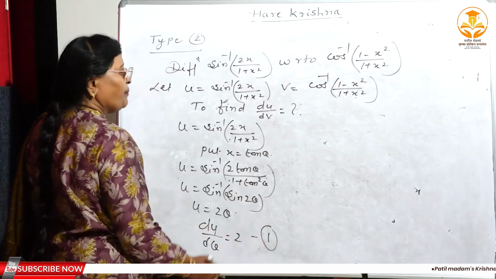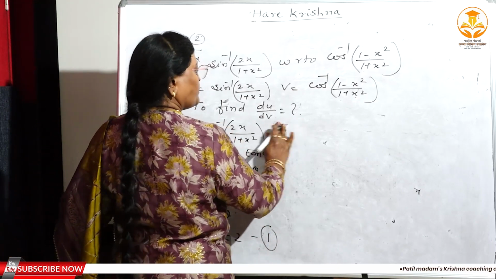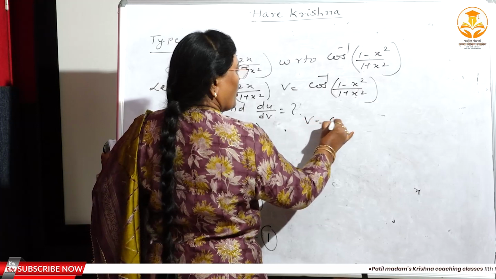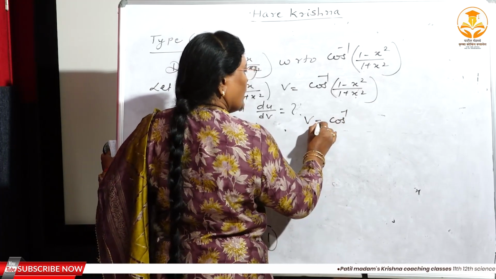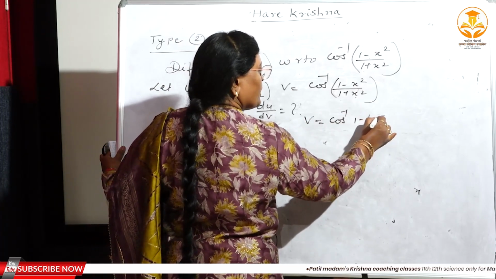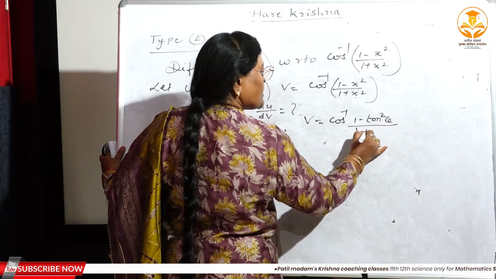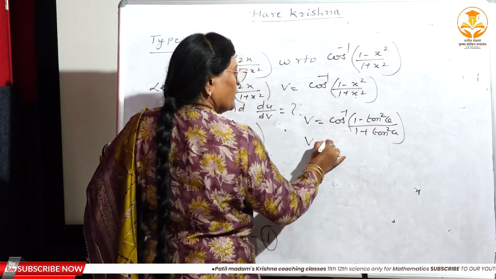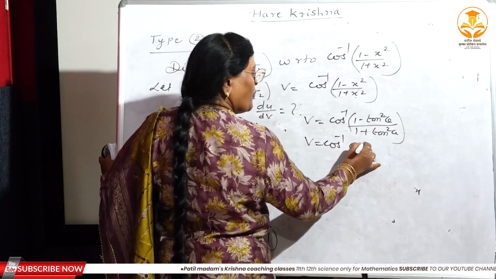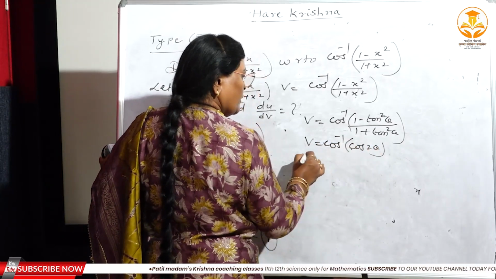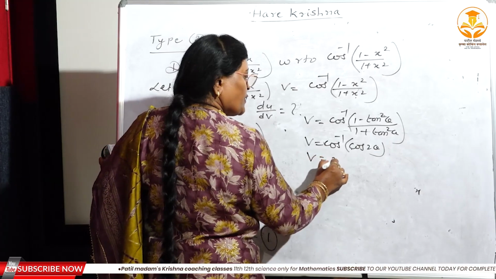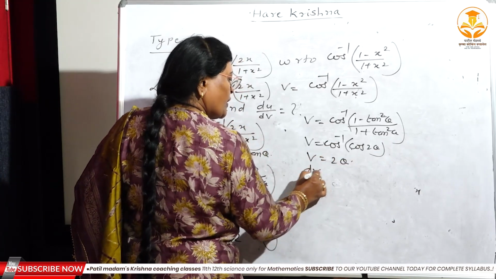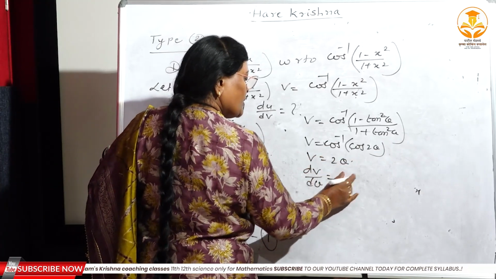This is number 1. Again v is equal to cos inverse, same substitution, 1 minus tan square theta divided by 1 plus tan square theta. This is the formula of cos 2 theta. Again v is equal to cos inverse, cos get cancelled. Now differentiate with respect to theta. Therefore this is 2.